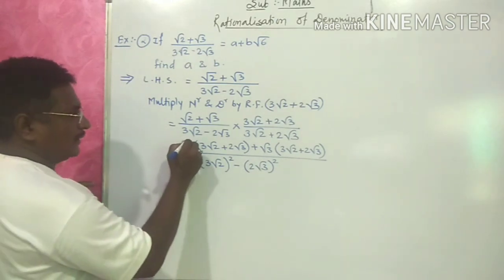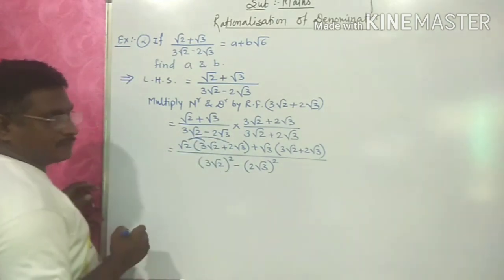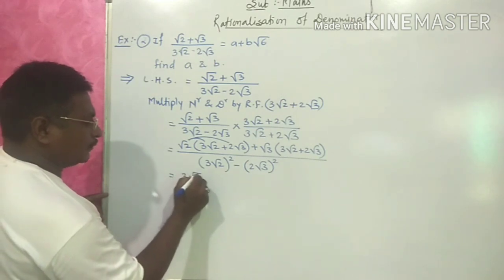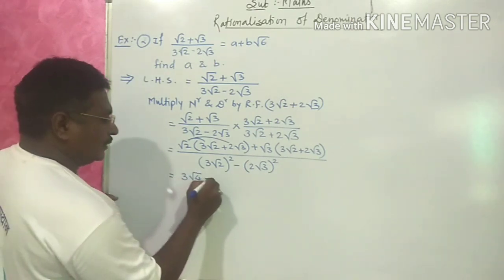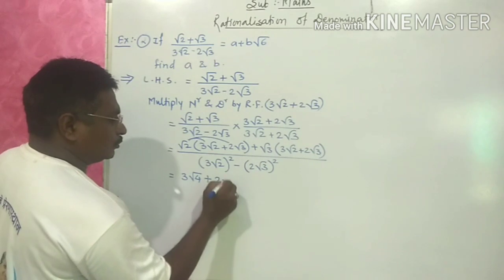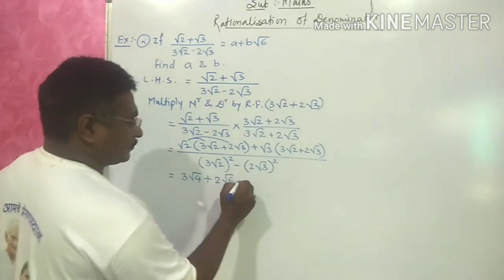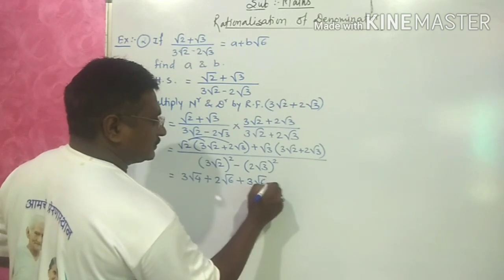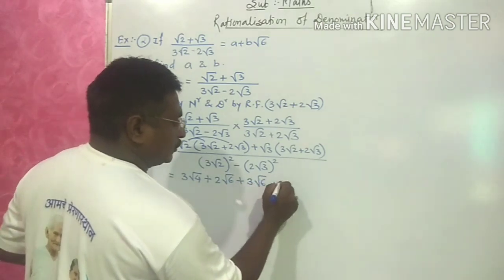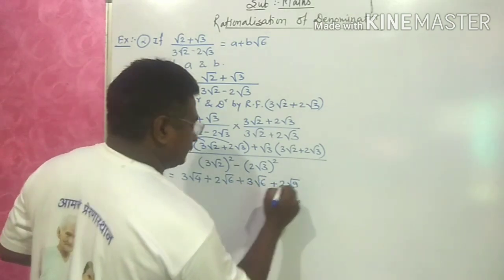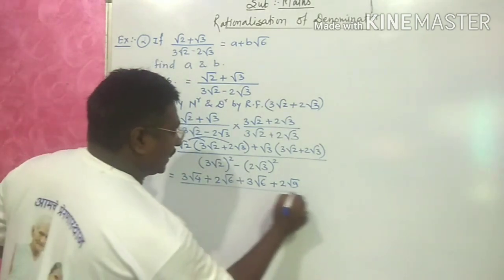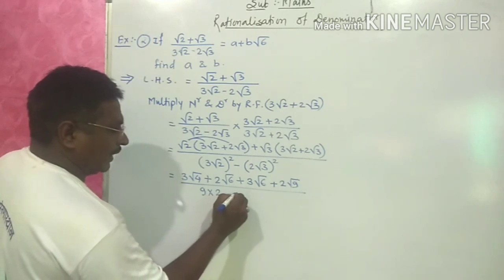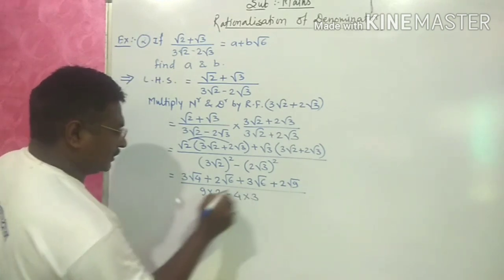Now multiply each and every term of the bracket. So what will we get? 3 root 4 plus 2 root 6 plus 3 root 6 plus 2 root 9, by 9 into 2 minus 4 into 3.